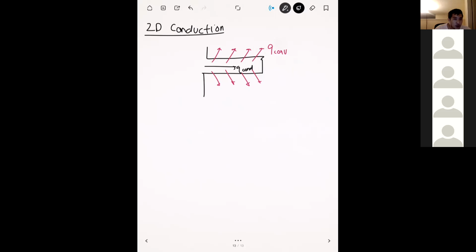But there are also other situations in general where you have heat transfer going in 2 dimensions, and we can generalize this to 3D. The way that we actually solve for this is to solve the 3D heat equation. The generalized heat equation looks like this.